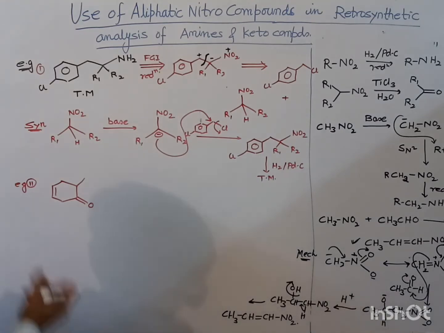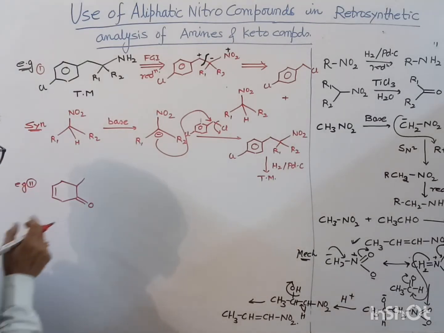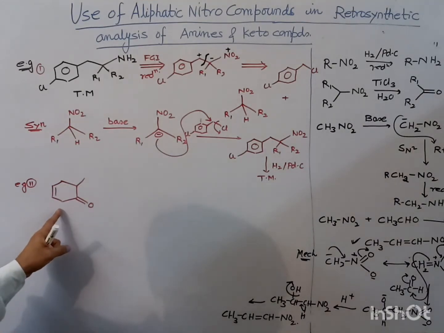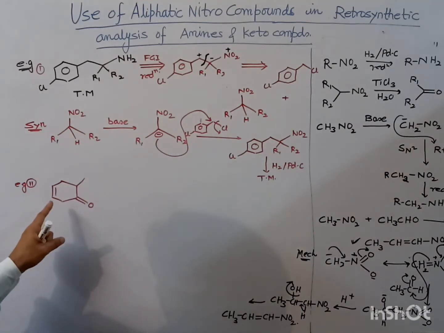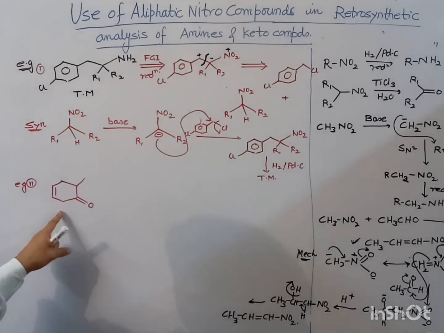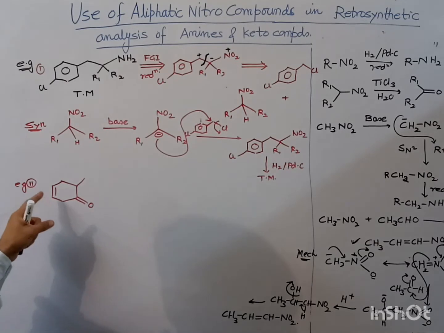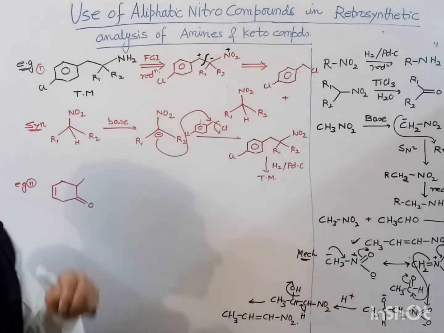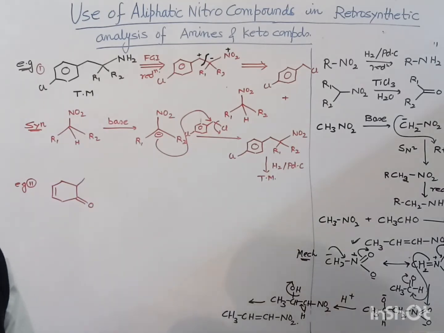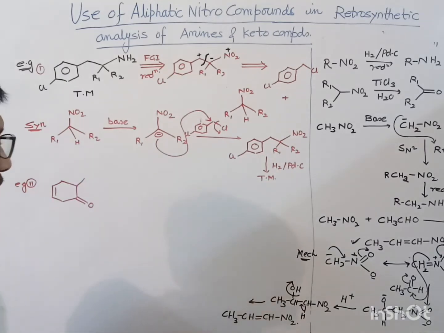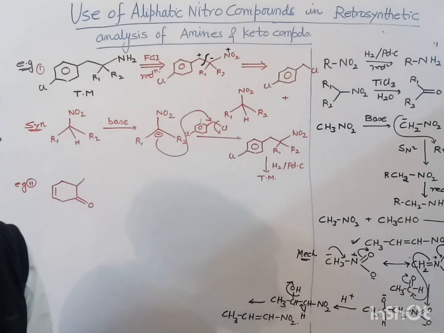Now if you see, this is the cyclohexene, and I have already discussed the retrosynthetic analysis of alkenes or cycloalkenes, in which if we have the cyclohexene, then it can be disconnected via FGI and converted into the Diels-Alder reactants like the butadiene, the diene and dienophile.